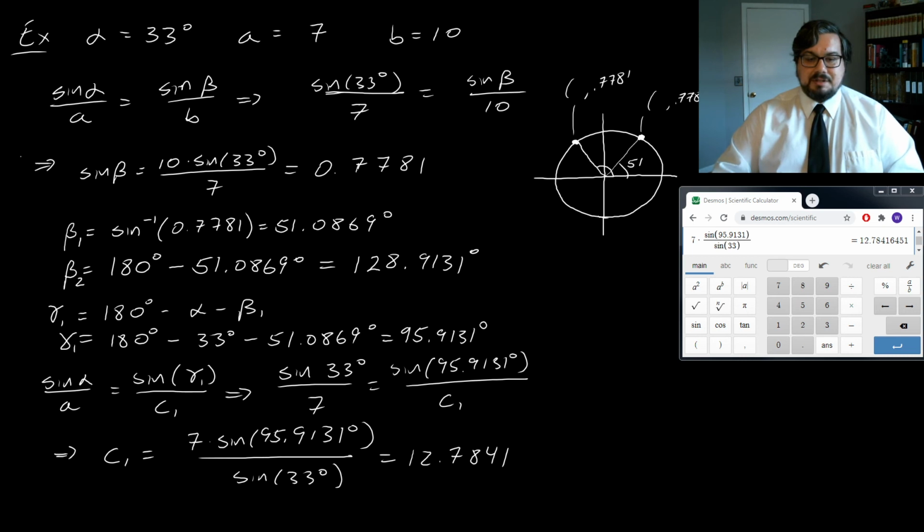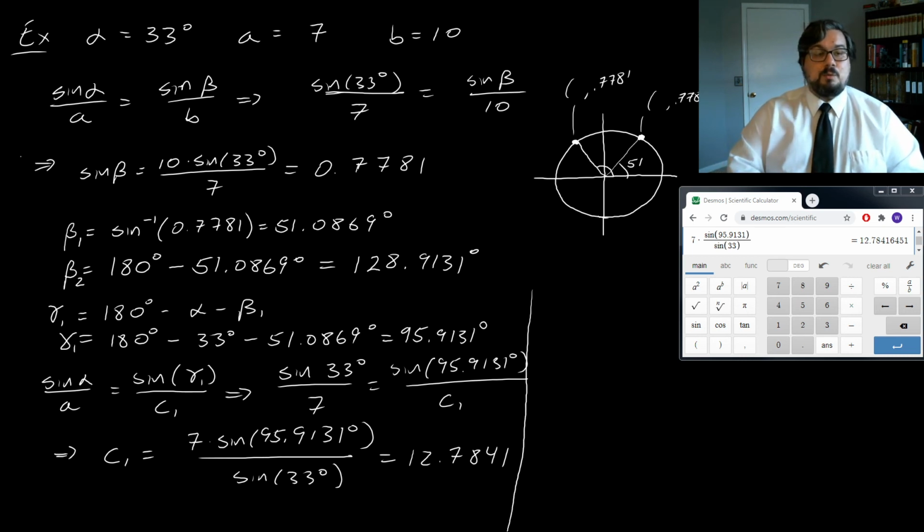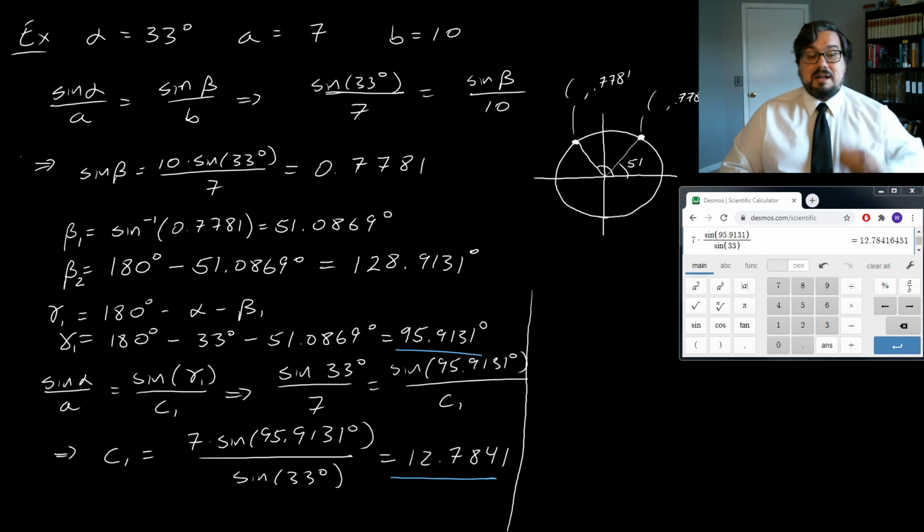Okay, so that was the case for beta 1. We got our values for gamma 1 and for C1. So that's one of our possibilities.